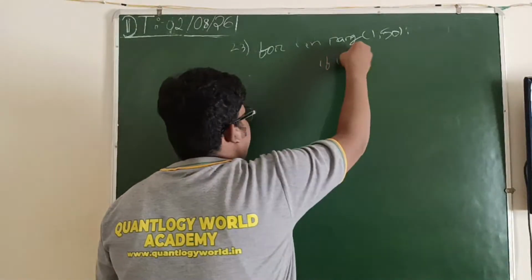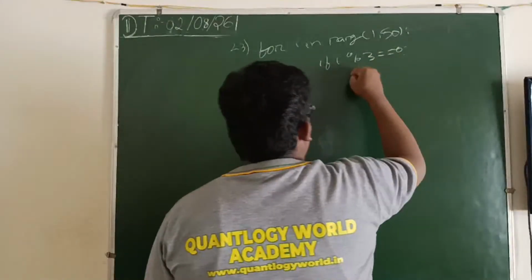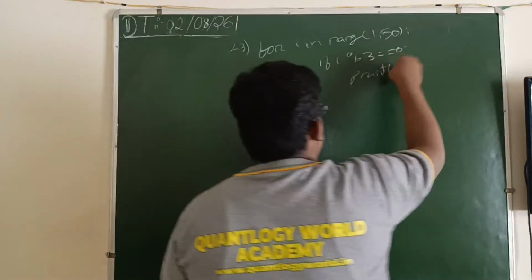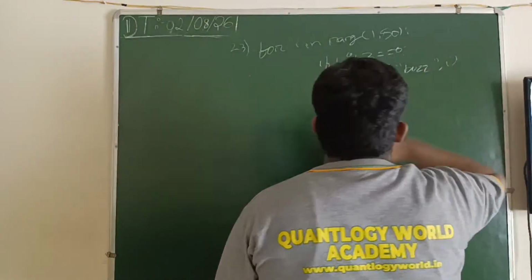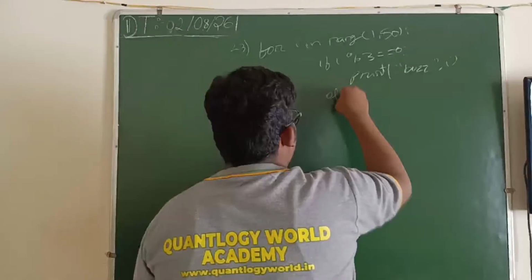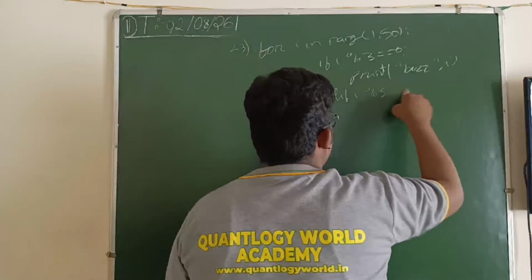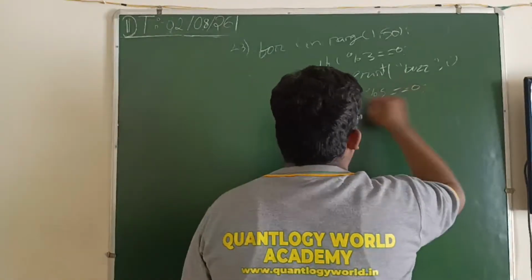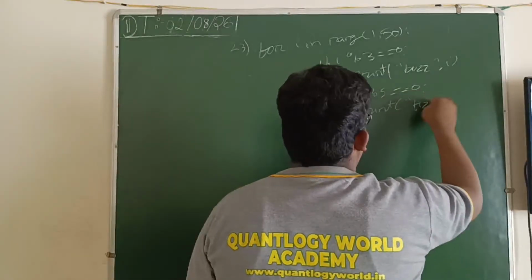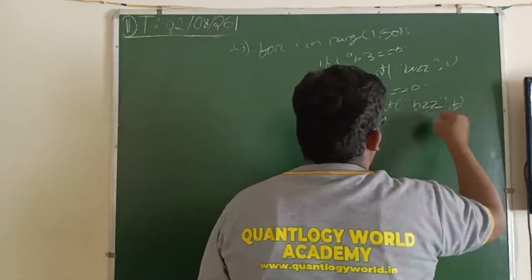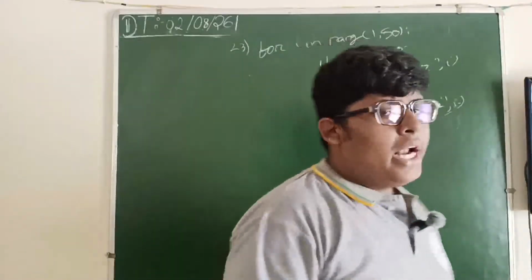If i % 3 double equal to 0, print buzz, comma, i. Elif i % 5 double equal to 0, print fizz, i. So this is the simple program behind buzz fizz.